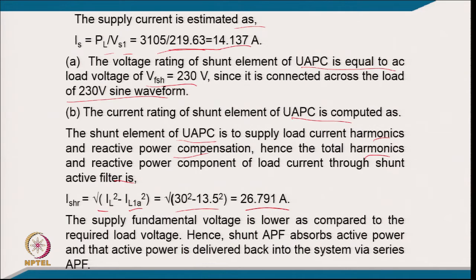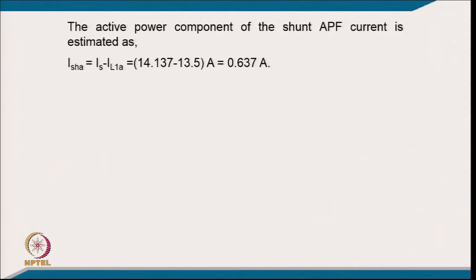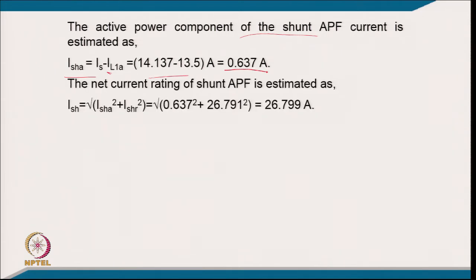The supply fundamental voltage is lower as compared to the required load voltage. Hence, the shunt active filter absorbs the active power, and that active power is delivered back to the system via the series active power filter. The active power component of the shunt active filter is estimated as IS minus IL1A. Putting the value, it comes to 0.637 ampere.